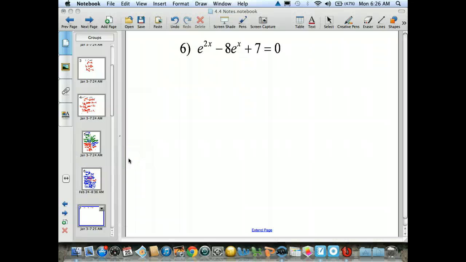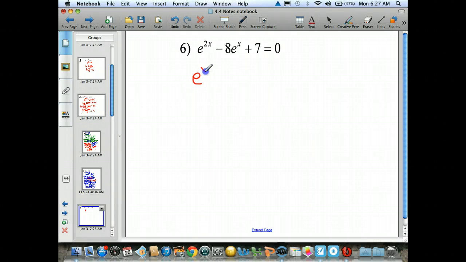Okay, we've got one more type of exponential equation to look at, and if you notice this one here, it's a trinomial, and it's somewhat in quadratic-like form, because we have e to the 2x minus 8e to the x plus 7. And just remember, e to the 2x is really the same as e to the x squared minus 8e to the x plus 7 equals 0.